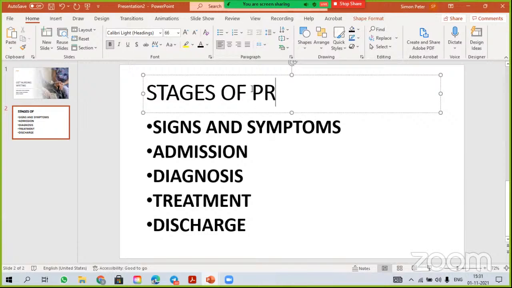Stages of progress. So these are the 5 stages you can say.